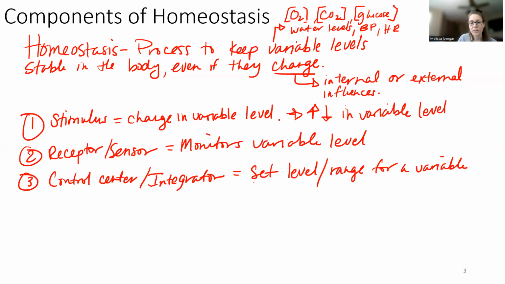And then what it does is it makes sure that if that range or level isn't met, it tells the body how to deal with that. Okay. So it's going to set that level, and it's going to create an action plan, if you will, when the variable range is not met. We'll just say it's not correct.